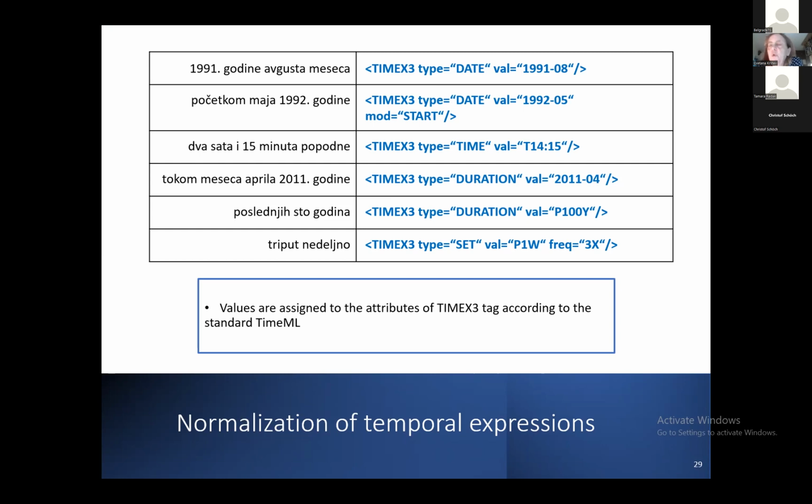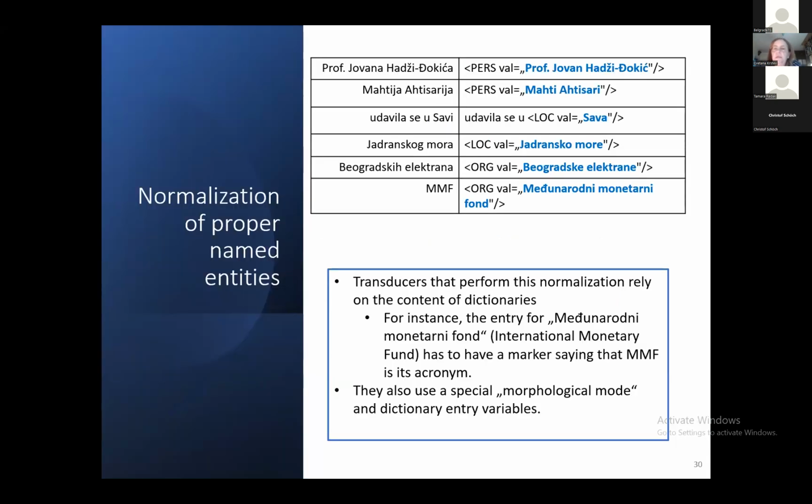So you see here the normalized values for dates, for time, then for duration, and then for some expressions that say that something is repeated several times, and the appropriate values.